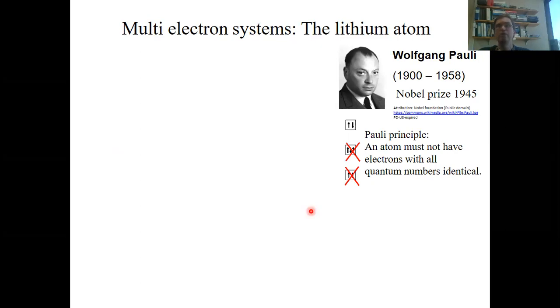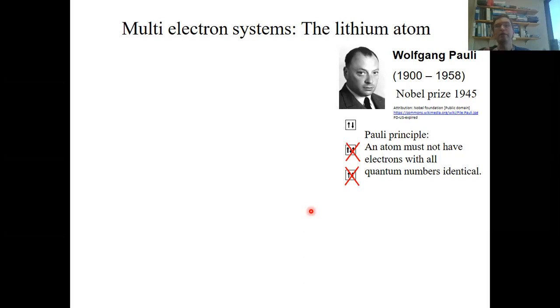Okay, so the lithium has 3 electrons, but now these 3 electrons cannot be filled into the 1s orbital anymore. Only 2 of them can be filled in the 1s orbital. The third one must go into another orbital. Okay, and that would be the orbital of the next higher energy.